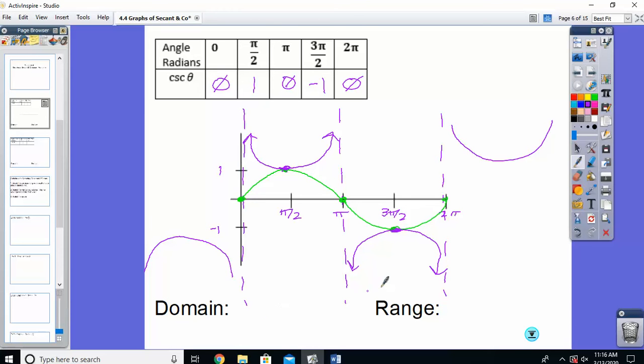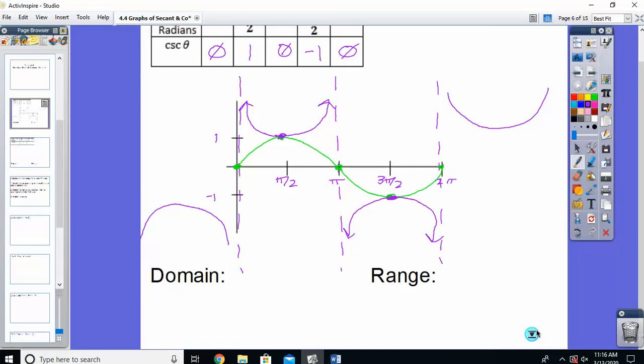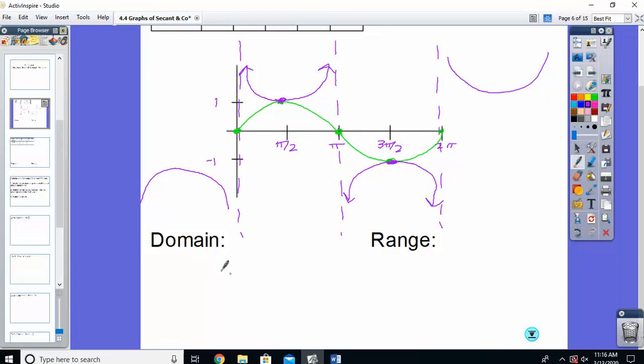So for the domain of this, what can x not equal? Where do we have asymptotes? 0, pi, 2 pi, and so on. My range, what y values do we hit?